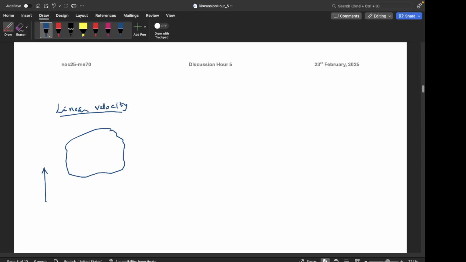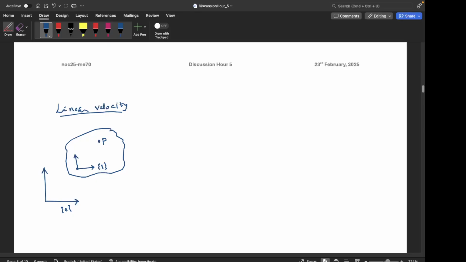And we have a fixed link here, a fixed frame here, right? Then we have a frame with it which is fixed to the body, right? So this is 1, and there's a point P.